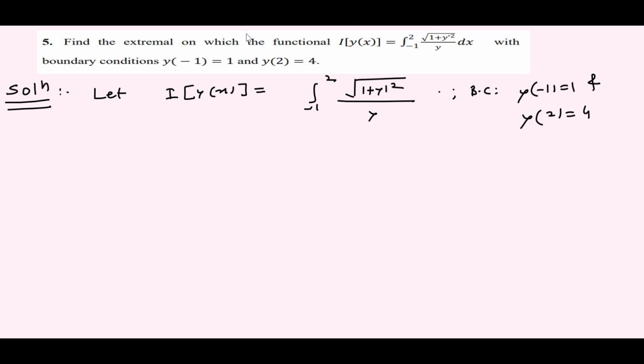So here we need to find the extremal of the given functional.